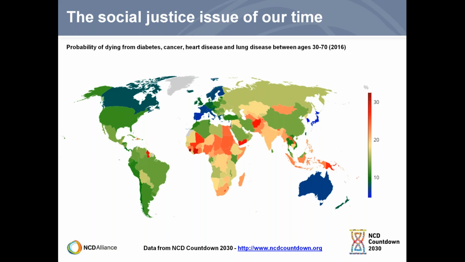And so this slide shows the probability of dying from diabetes, cancer, heart disease, and lung disease between the ages of 30 and 70. And as you can see, the red, where it's the highest probability of dying between those young ages, but before the age of 70, are very much low and middle income countries, many African countries, as well as Southeast Asia.